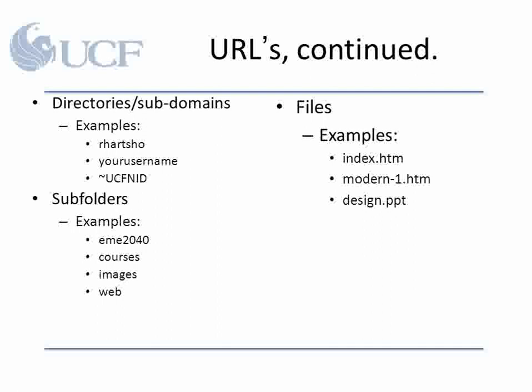Following the type of information and server domain information is a series of directories and subdomains, subfolders, and then files. Directories or subdomains might include specific user sites, while subfolders would be any folders used to organize information on the server or within a specific site, such as EME2040 if I were organizing folders for a specific course, or a variety of other subfolder possibilities such as images, to include all images, or web to include any other web documents that I might be including on my site.